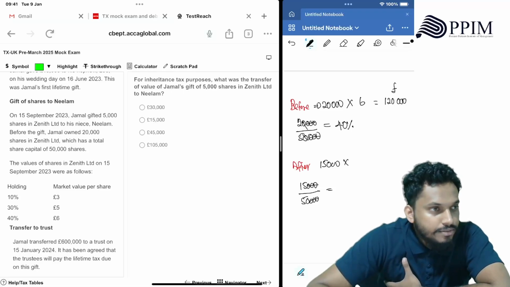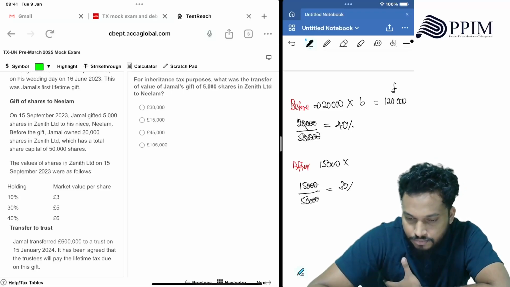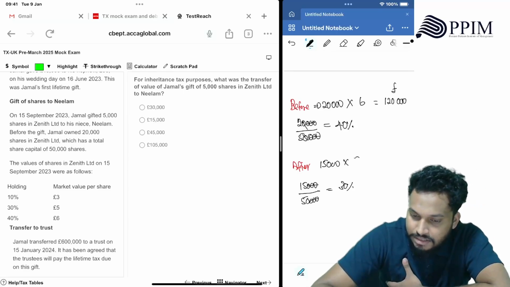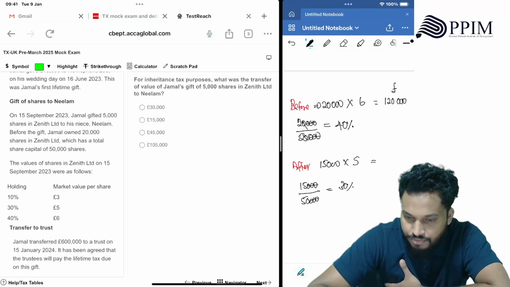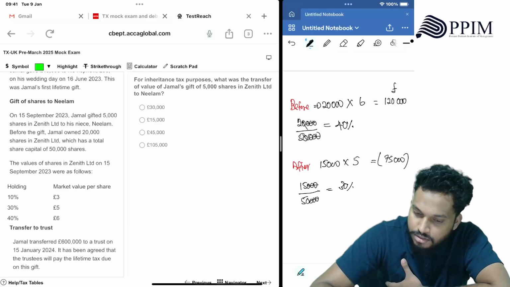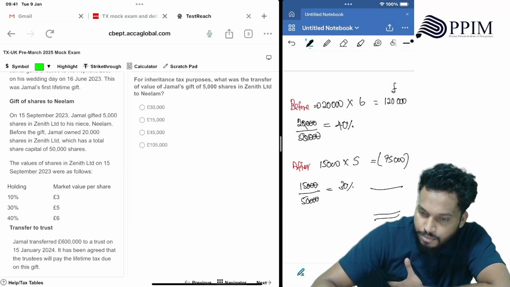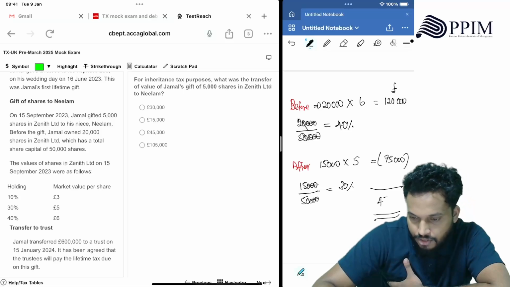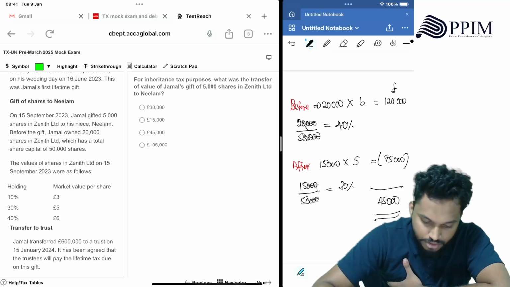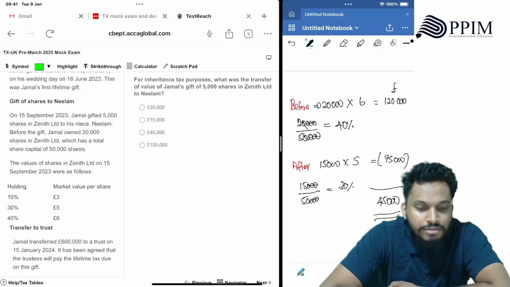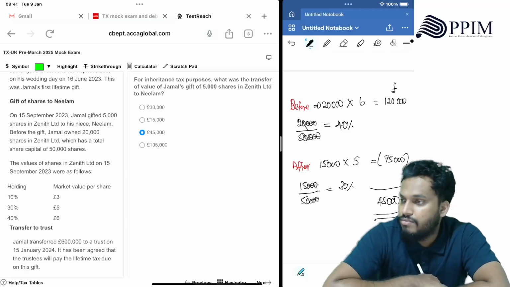How much? 30%. So at 30%, the price needs to be 5. So what's the total? 15,000 into 5 is 75,000. So which means the transfer of value is how much? 120,000 minus 75,000 is 45,000. You got an answer for that? So for inheritance tax purposes, what is the transfer of value? They are asking for the value, that needs to be 45,000.